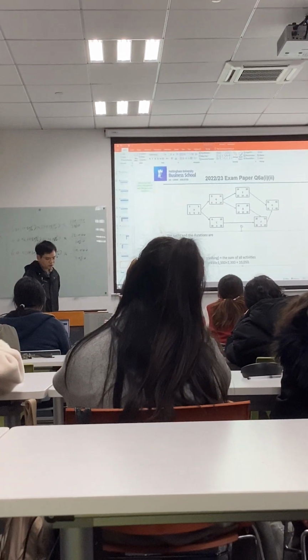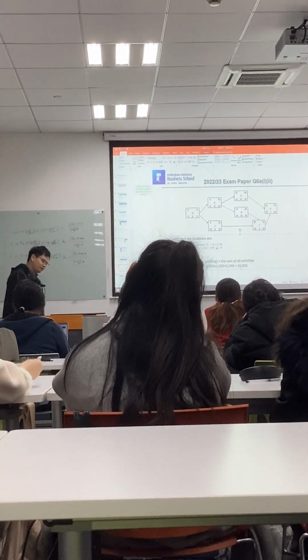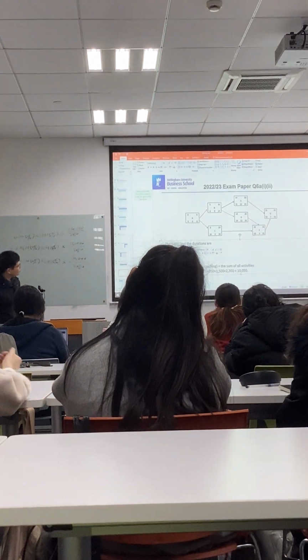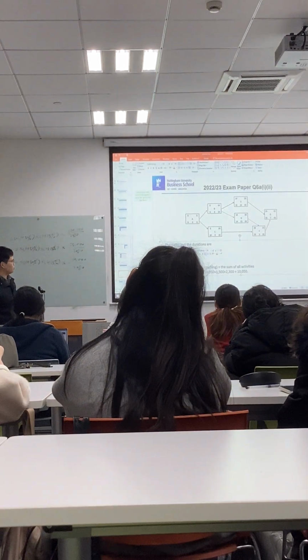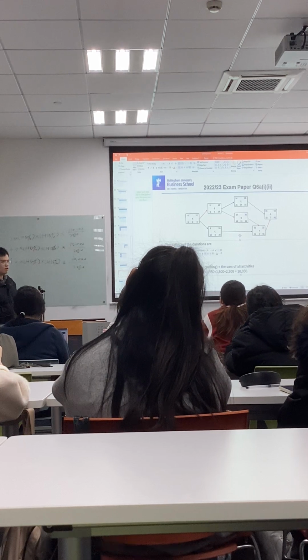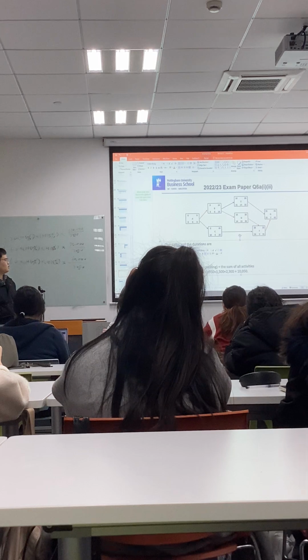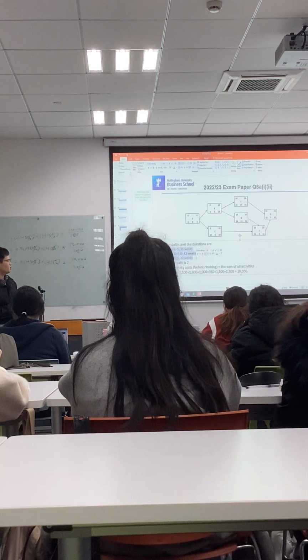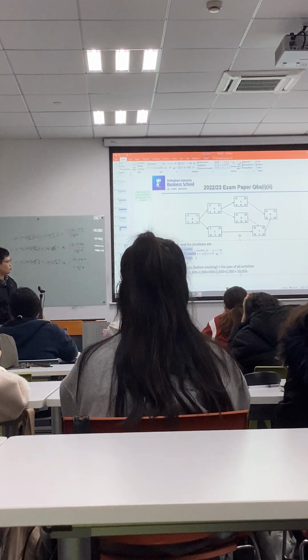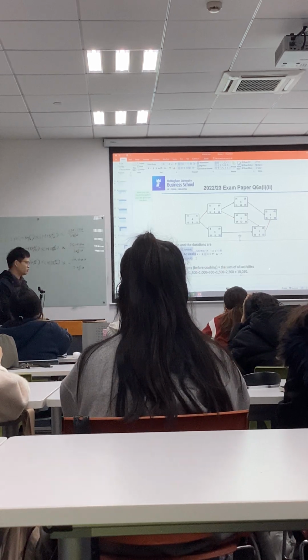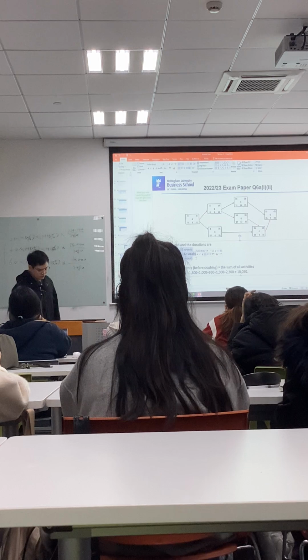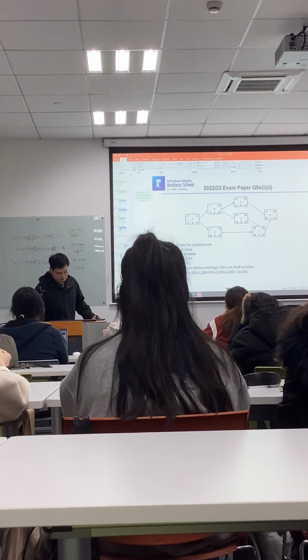So we can list 3 paths here, and the durations are 35, 42, and 32. So the second path is the critical one, right? 42 weeks. And the total activity cost before crashing is equal to the sum of all activities. Okay. So this is for the first question.